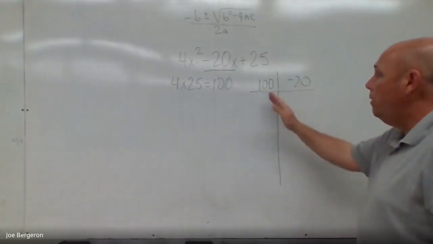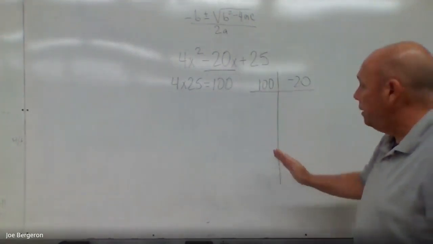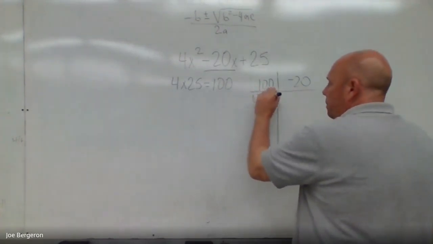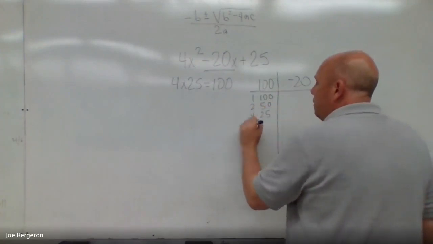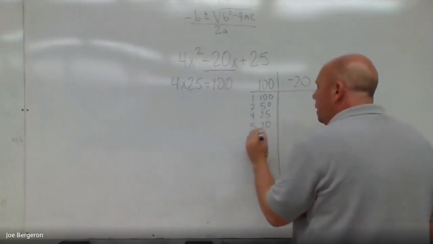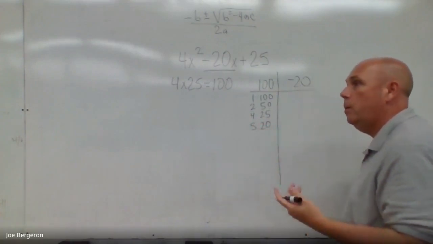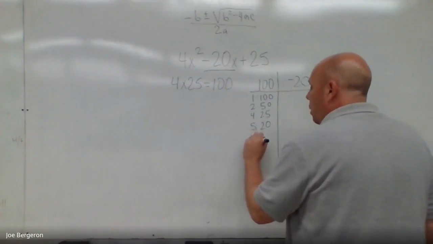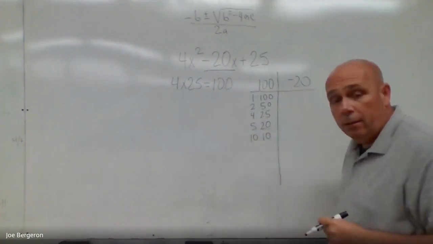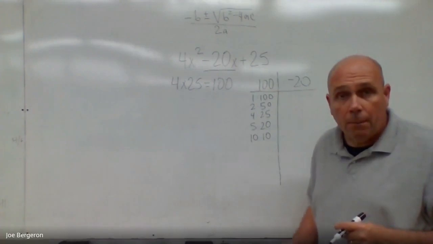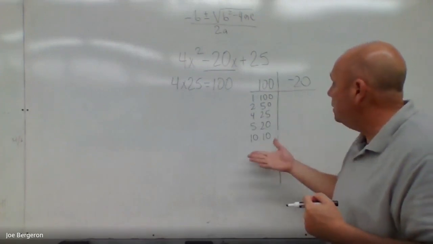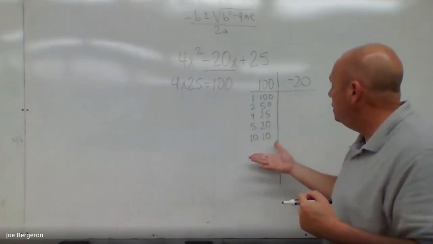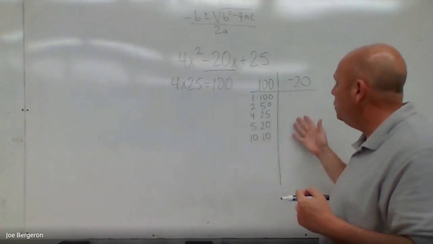Okay. So what are the factors of 100? Well, we know it's 1 times 100, 2 times 50, 4 times 25, 5 times 20, 6 won't go, 7 won't go, 8 won't go, 9 won't go, 10 will go. And I think we've exhausted our possibilities, right? Well, we have to look to see if any of these will give us negative 20.